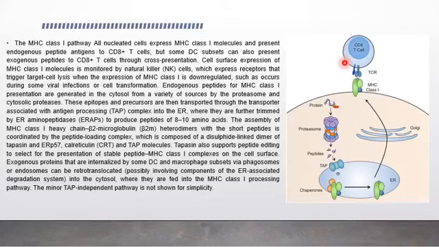Okay, I will repeat that. The process by which the pathogens and their products are degraded to produce peptide antigens is called antigen processing. These peptide fragments combine with the MSC molecules inside the cells.